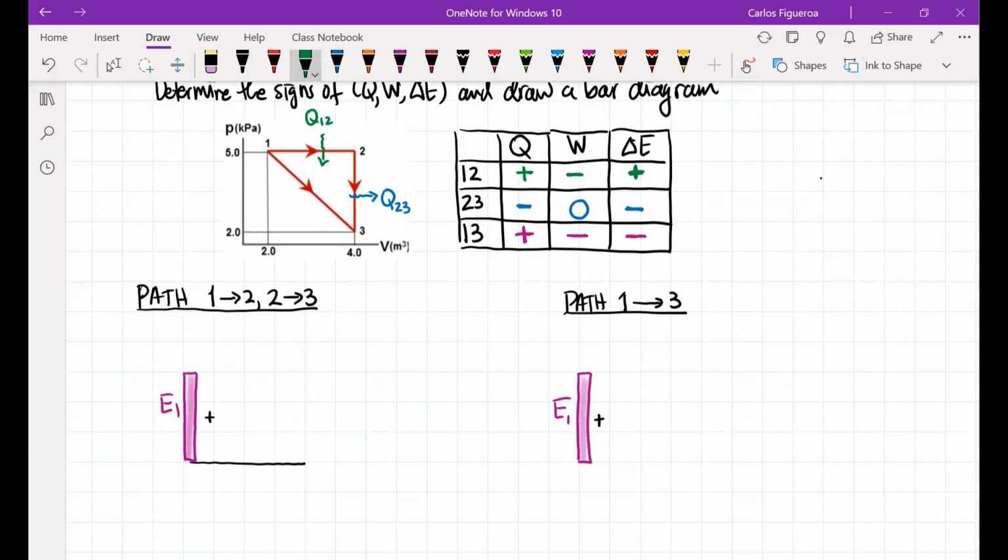So I'm going to say that this is how much work was done from 1 to 2. And look how it's negative. When I go through cycle 1, 3, because it's a smaller area, I have to have smaller work. So that has to be the work from 1 to 3.